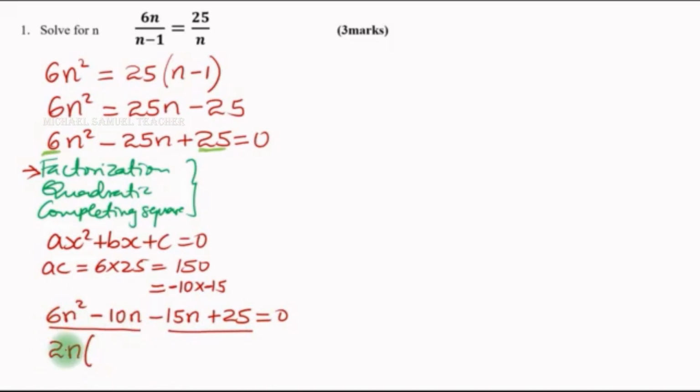So 6n squared divided by 2n, we have 3n, and minus 10n divided by 2n, we get 5. Then for the other part, 15 and 25, what is common? Actually, 5 is common, so minus 5 is common. So minus 15n divided by minus 5, we get 3n. Then 25 divided by minus 5, we get minus 5, will be equal to 0.